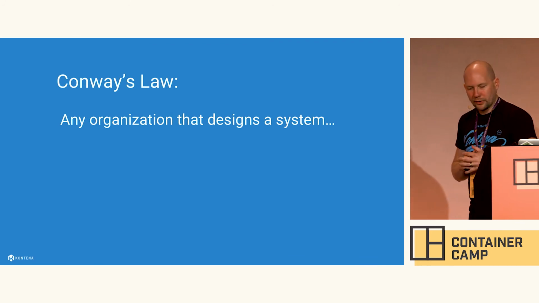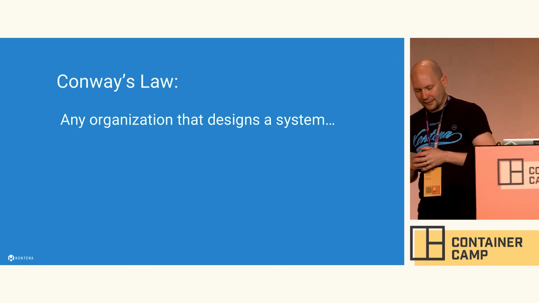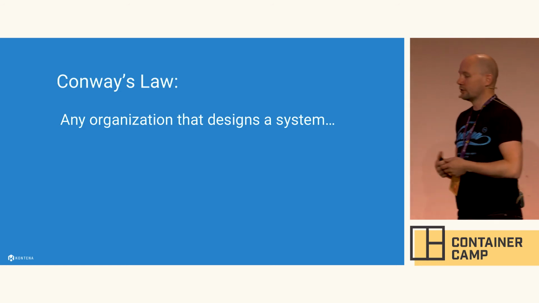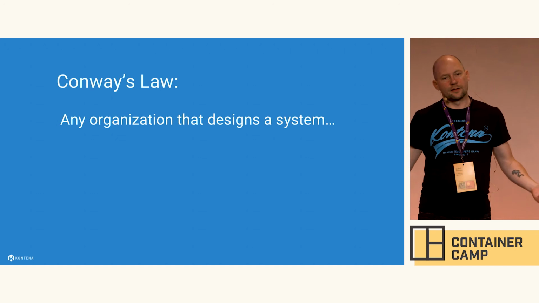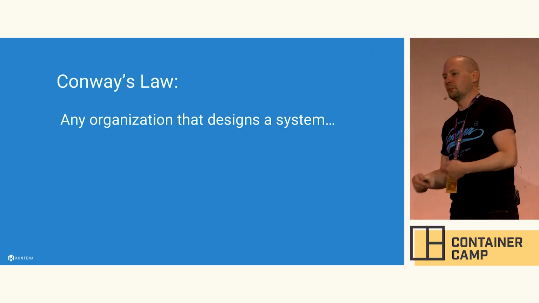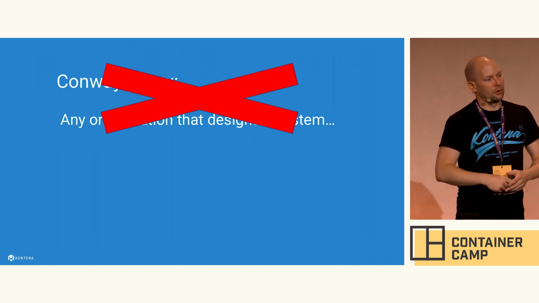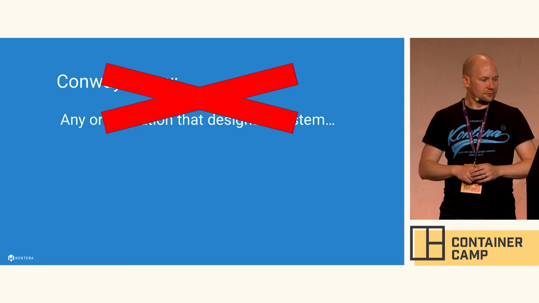Of course, always when you talk about microservices, you cannot really go past Conway's law, that any organization that designs a system and blah, blah, blah. Well, we are running multiple things in multiple different locations, on multiple different servers. So throw Conway's law out of the window. It doesn't really matter.